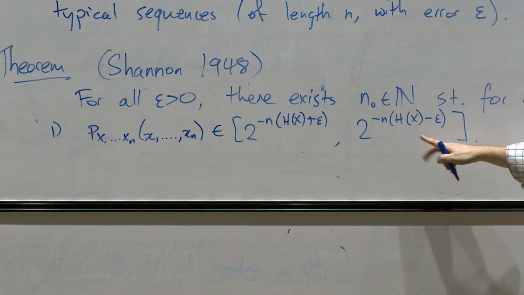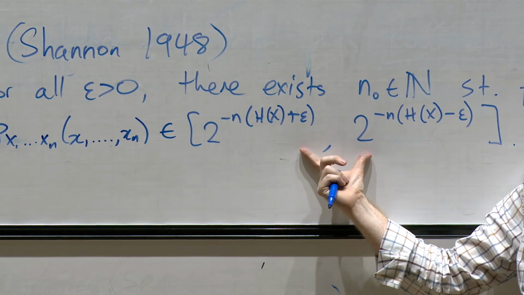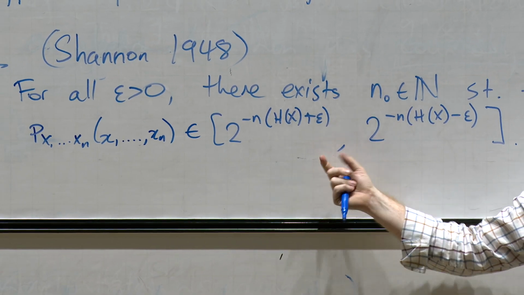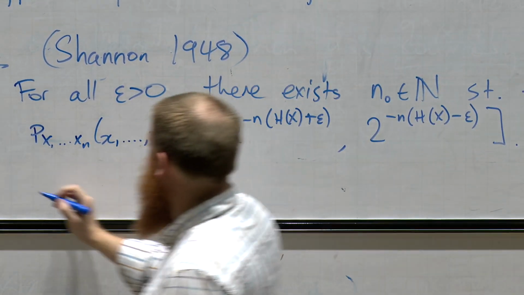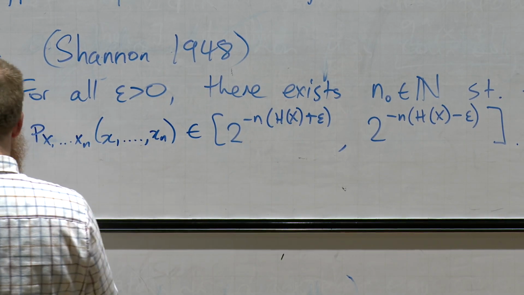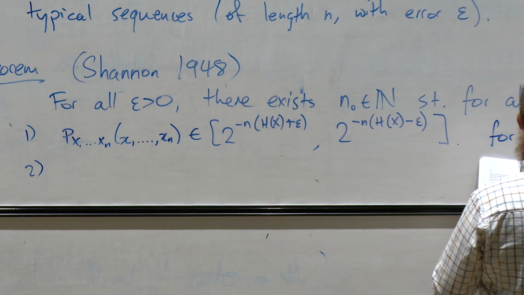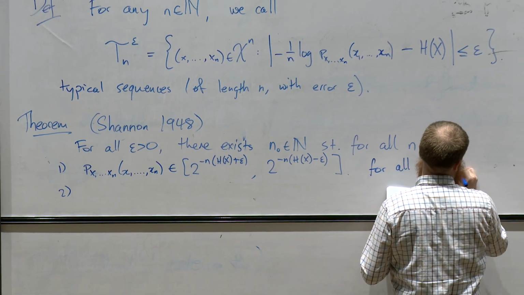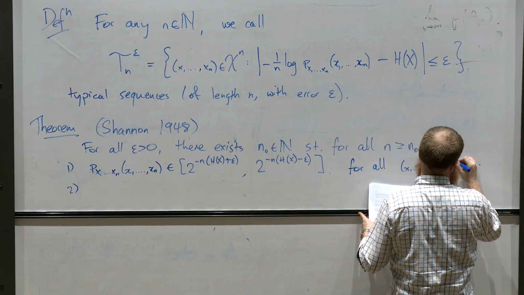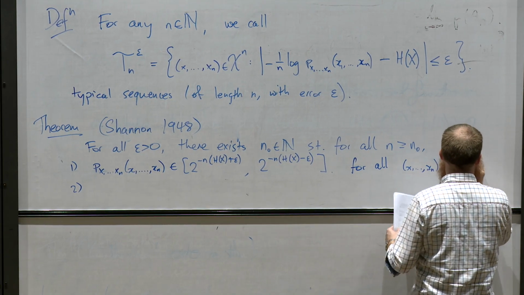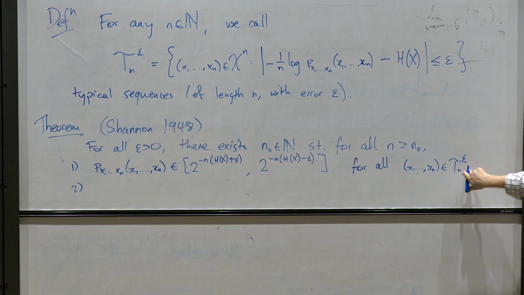So the probability has to be pretty close to 2 to the minus n times the entropy. This is for all x1 through to xn in the typical set. So for any typical sequence, this holds.